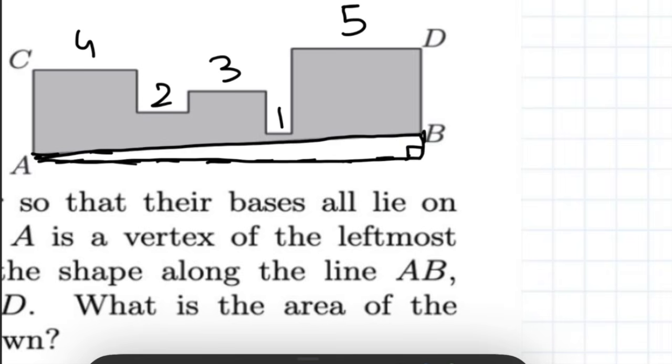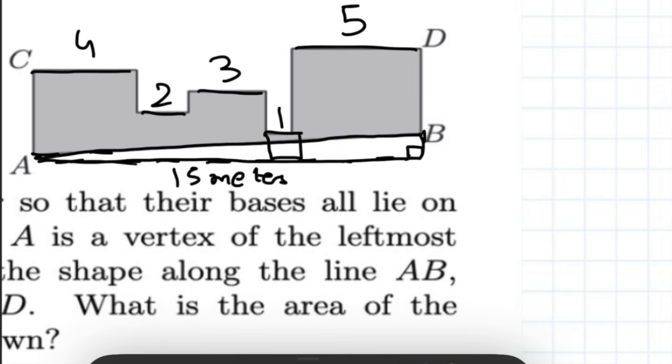So, let's find the base of this triangle. The base is just the sum of the side lengths because 4, 2, 3, 1, 5 add up to that segment. So that is just 1 plus 2 plus 3 plus 4 plus 5, which is 15 meters. That is the base of the triangle. Now let's look at the height of the triangle.